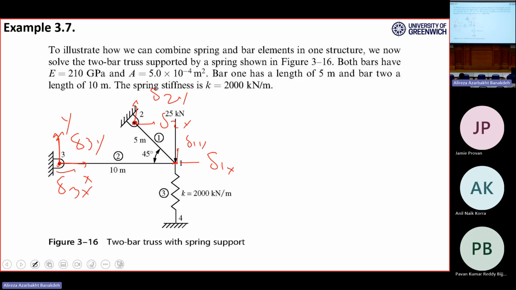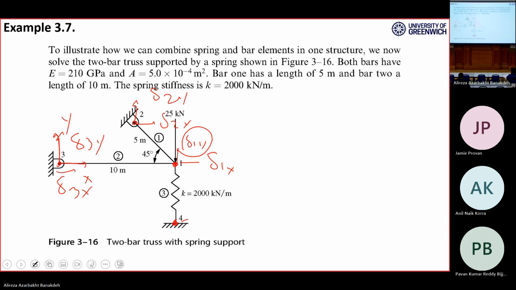We had 6 degrees of freedom. However, I know delta 1y is the same as delta at one of the spring's ends, right? Your spring is connected to node number 1 here, but you have the other end of your spring, which you need to name node number 4.